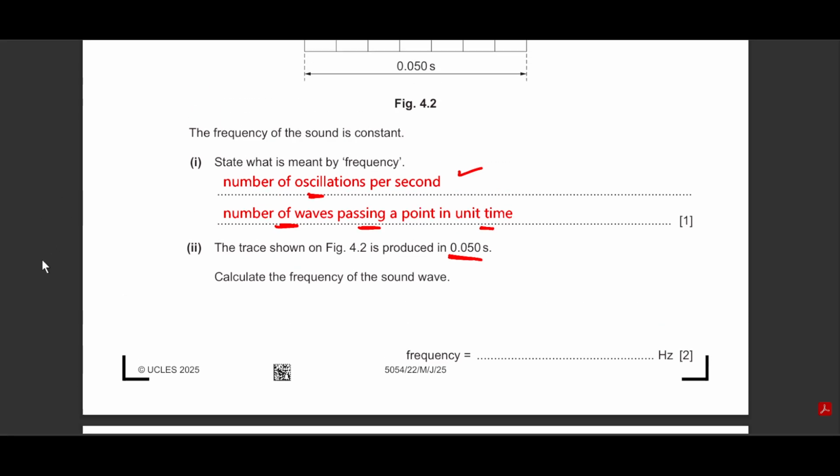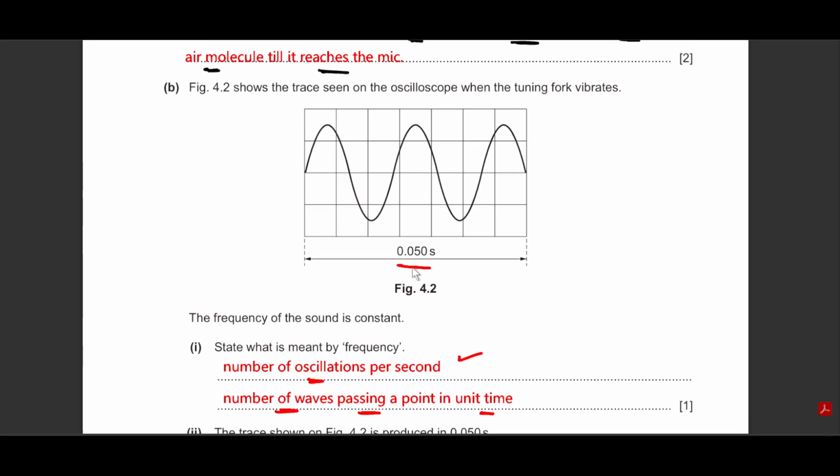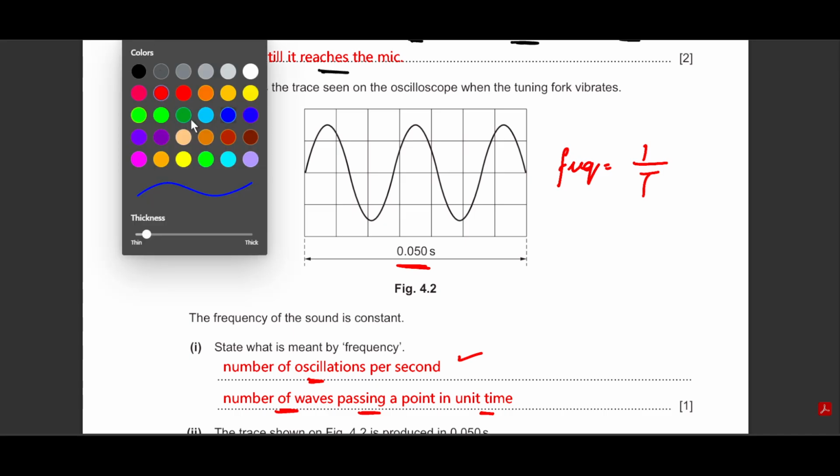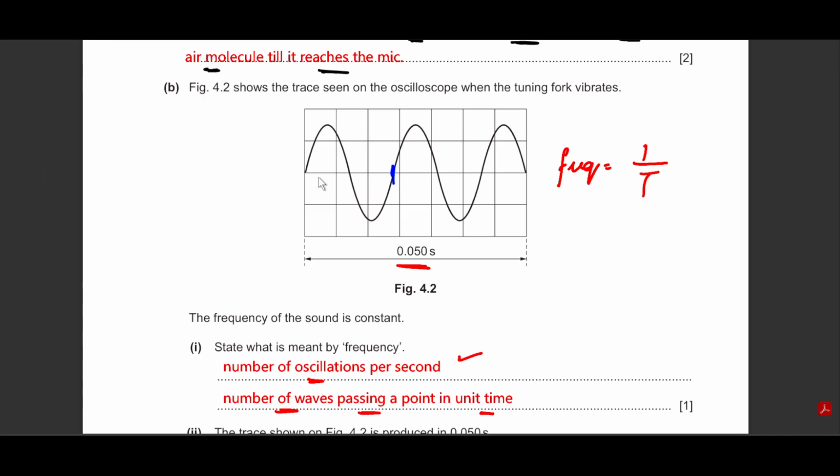So we notice that the total time is given to you, and frequency generally is 1 divided by T. But if I want to do that in this graph, I can see that one wave from this point to this point doesn't have a fixed coordinate. So I have to revert to another method, simply counting the number of waves. If this was the time for one wave, this is 1 divided by T, then how about we count the number of waves and then divide by the total time.